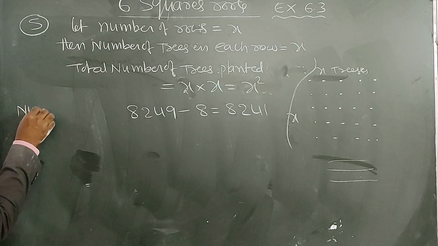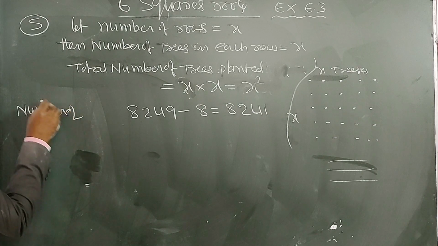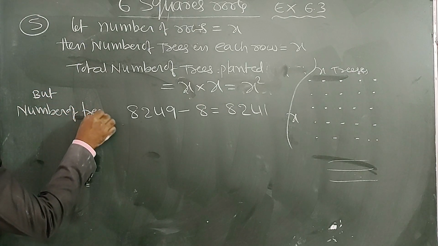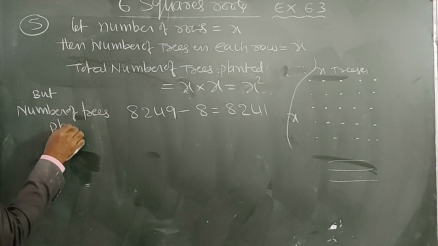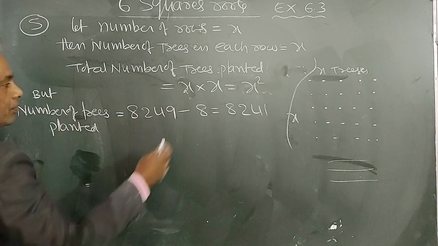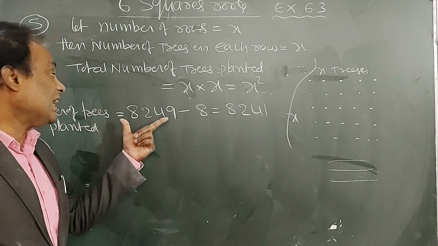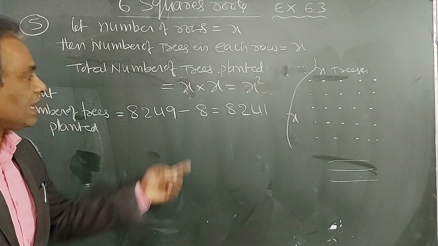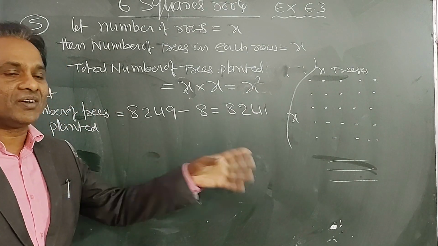Number of trees planted. Why am I subtracting 8? Actually I have 8,249 trees, but after planting, 8 trees are left. They are not useful.